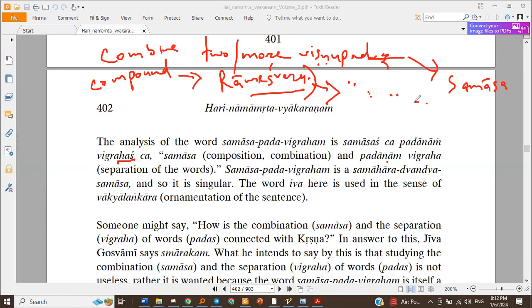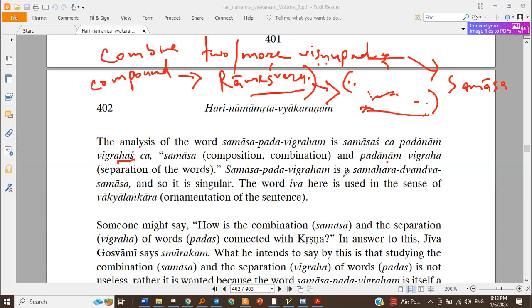Rama is the Lord of whom? Basically referring to Lord Shiva. So that Ramah Ishwarah Yasya Sah is the Vigraha, the Samasa Vigraha. It's like a gloss, you can say. So that's the separation of the words.